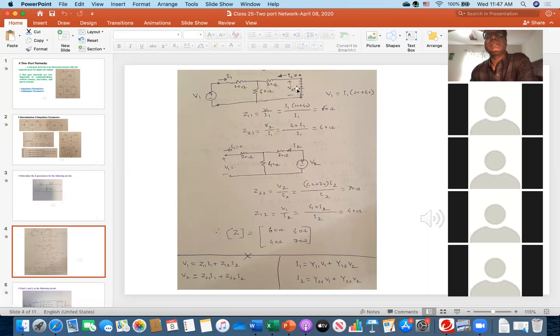Because this is open and no current is flowing through the 30 ohm, V2 means the voltage across the 40 ohm, and through the 40 ohm that I1 current is flowing. So V2 means 40 multiplied by I1. So I1 cancelled, you got 40 ohm. That is the value.